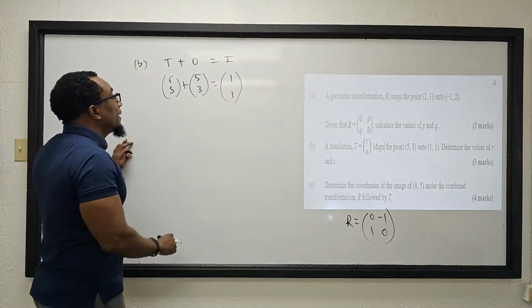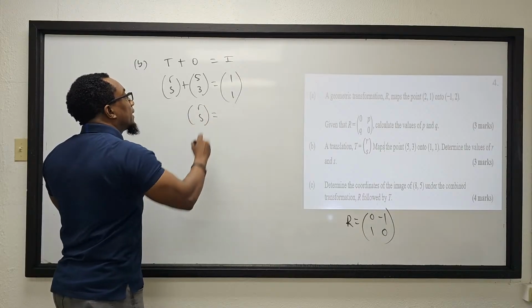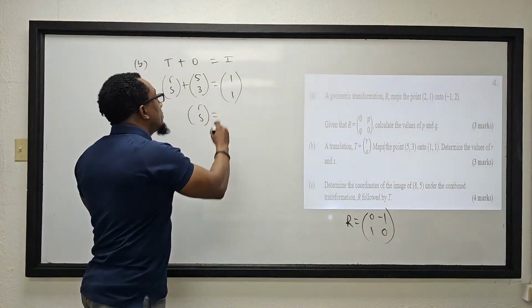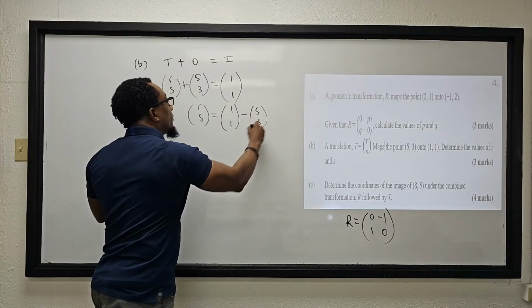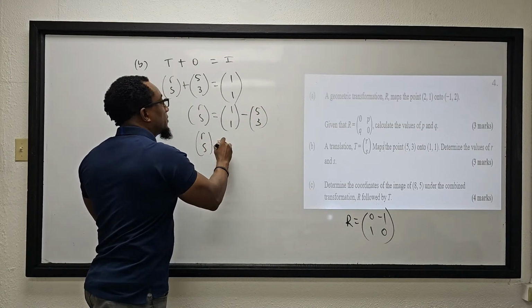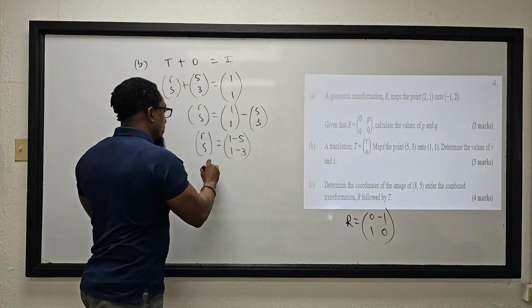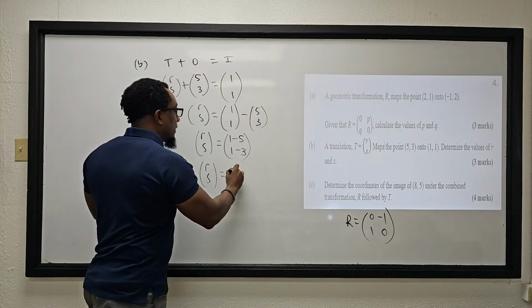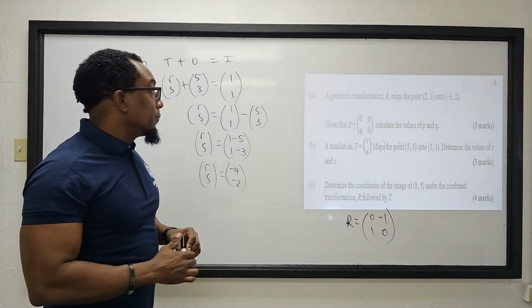To find R and S, we can subtract (5, 3) from both sides. So it will be (1, 1) minus (5, 3). So (R, S) will give us 1 minus 5, 1 minus 3. So (R, S) will be (-4, -2). That is what (R, S) is equal to.